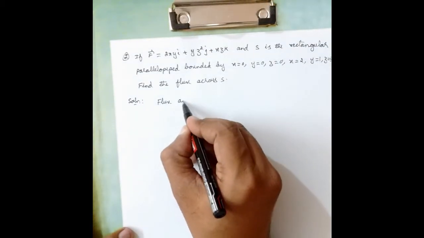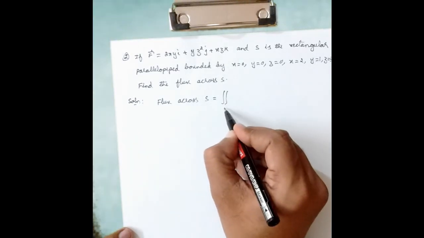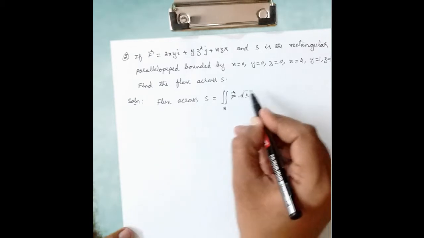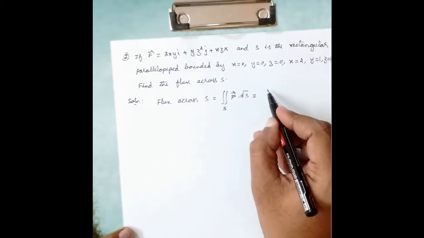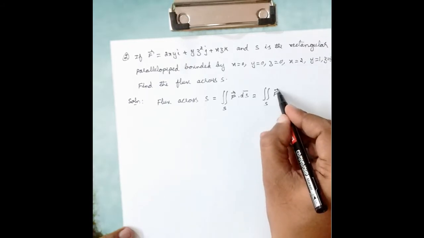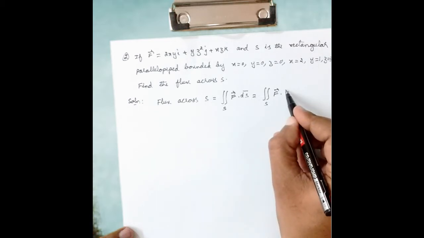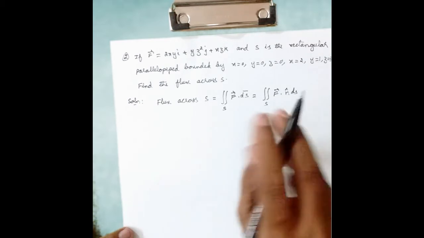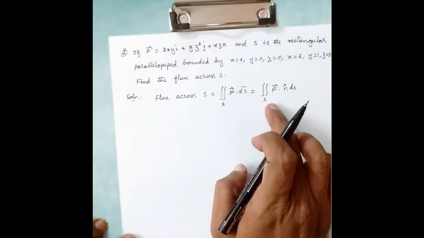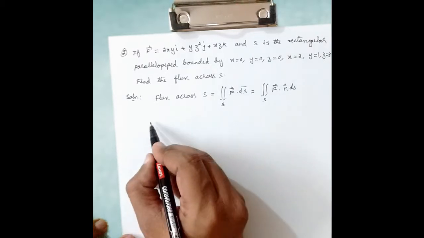So the flux across the surface S is nothing but the double integral over S of vector f dot ds vector, which is the double integral over the surface S of vector f dot, and we know ds vector can be written as n cap into ds. But we have a relationship for this surface S and the divergence by using the divergence theorem.